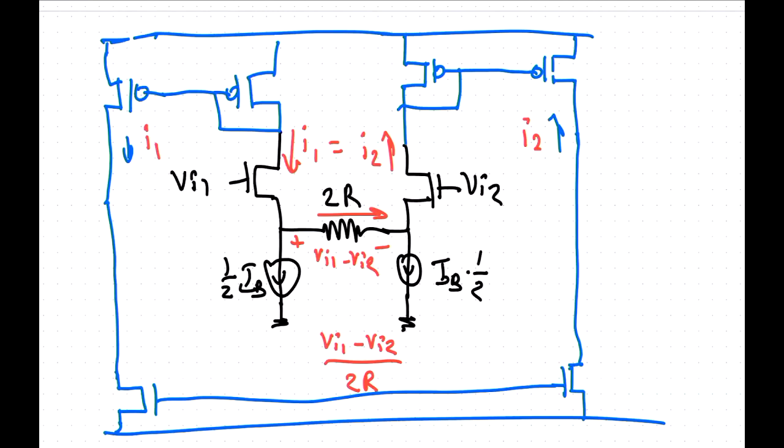If I put a mirror in here, then this becomes Iout flowing this way, which is going to be, in that case, I1 plus I2. The other thing I can do is not have that, and then I have two outputs. I have a current that flows in here, which is I2, and a current that flows out there, which is I1. These are the same, but they flow in different directions, and they are now half the size.